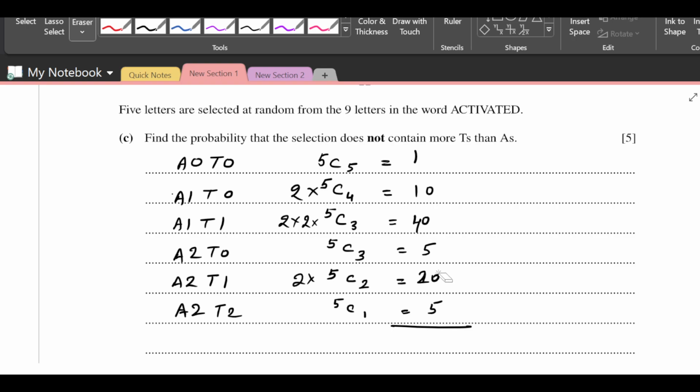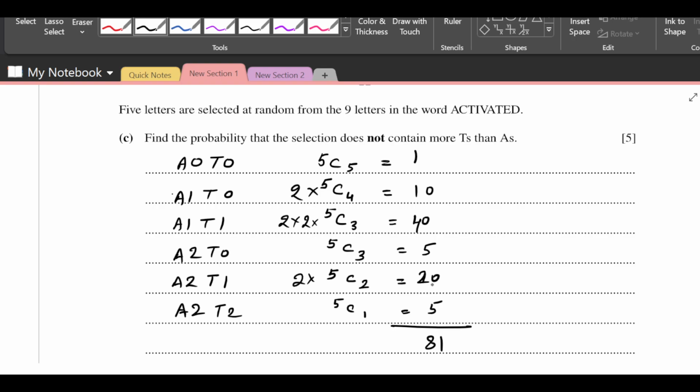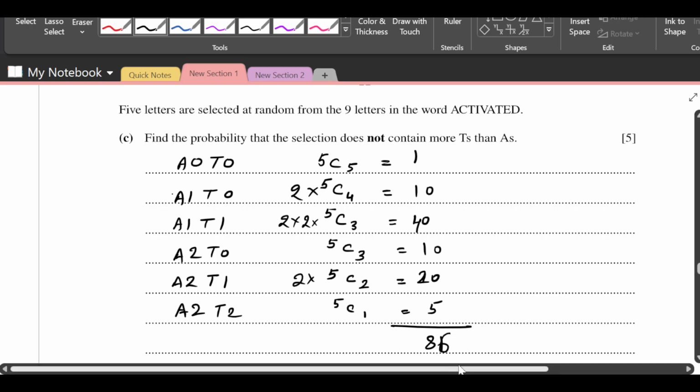Here 40, 50, 70, 80 and 81. So here we have total 81. Yeah, 5C3, it is 10, not 5. So then it's 86. Okay.